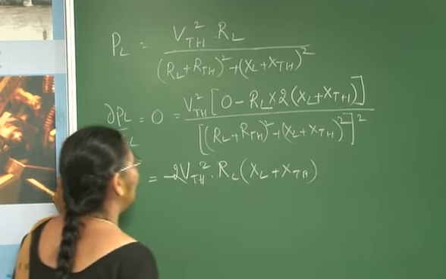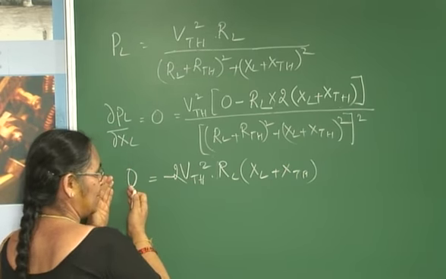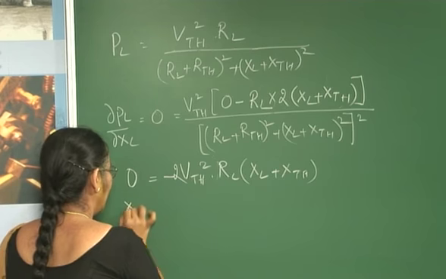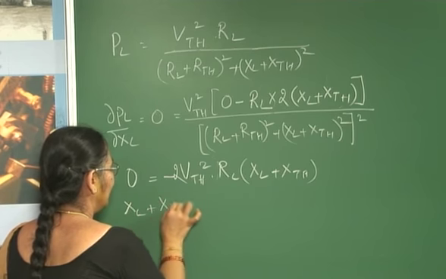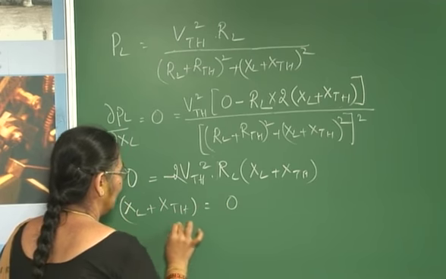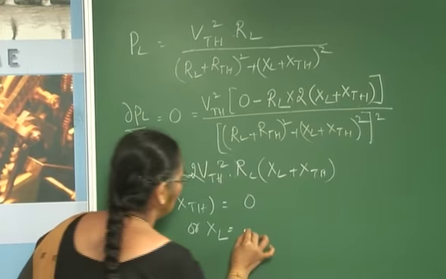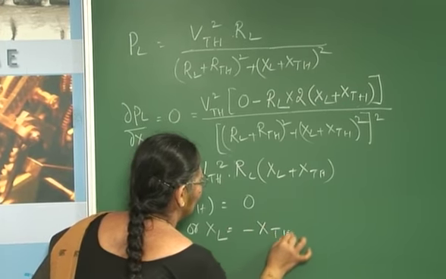That's what we are going to have. Again, if you divide it by this, finally I am going to get XL plus X Thevenin is equal to 0, or when the reactance XL is equal to minus X Thevenin.